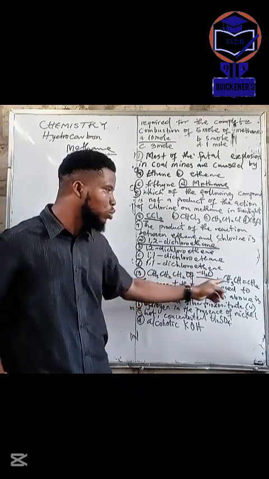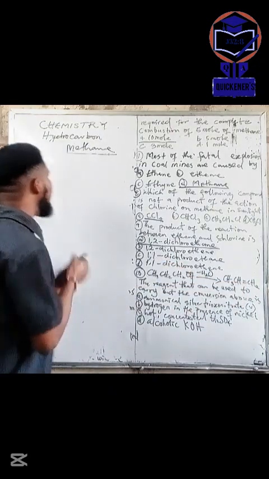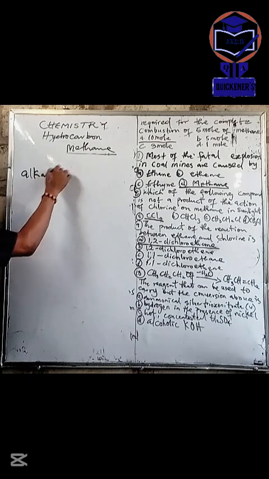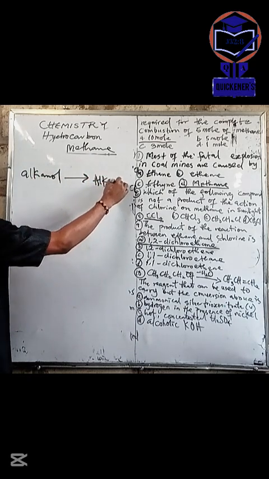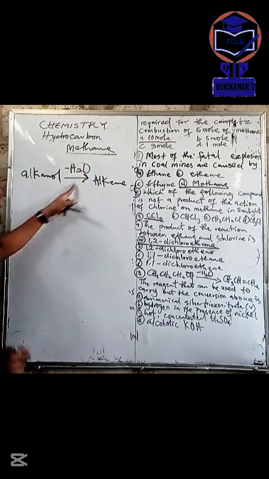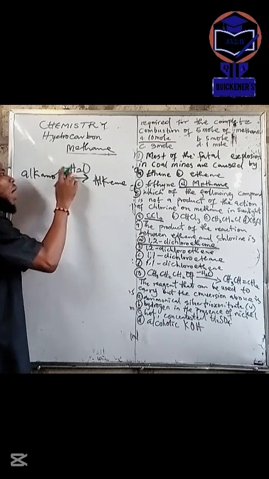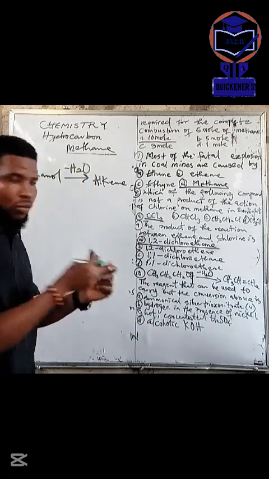Propanol is converted to propene, which has a double bond. Alkanol is converted to alkene, and that will happen when water is removed from this. Now, what will be used to extract that water?